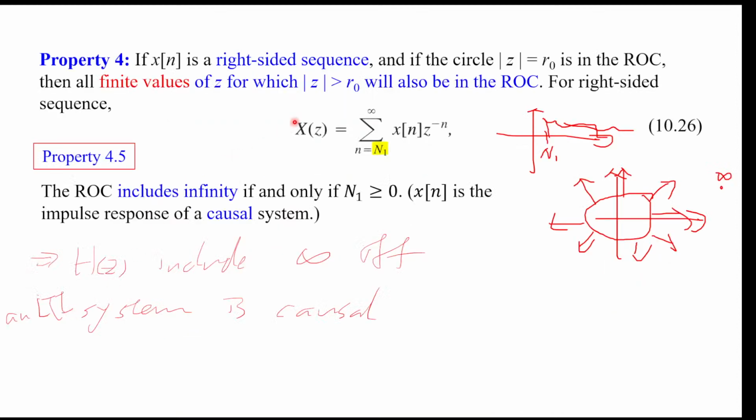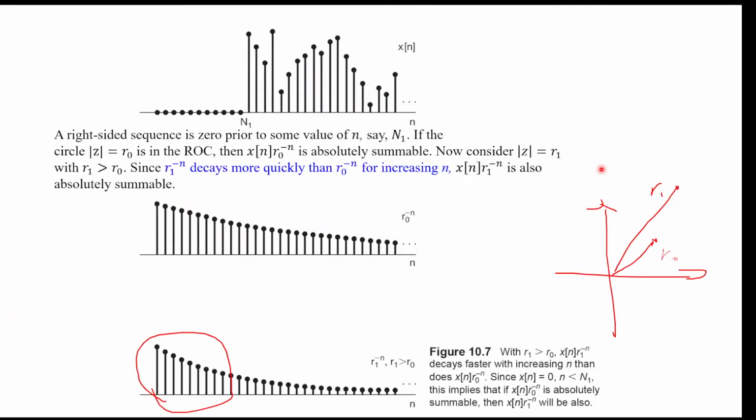So we have been saying this thing about outside, and we haven't proved it. And here we don't run through the math, because we have seen a very similar proof in chapter 9. We just say that by property 1.5, something is inside ROC if and only if x of n r to the minus n is absolutely summable. And if you change it from R0 to R1, then this sequence will decay faster.